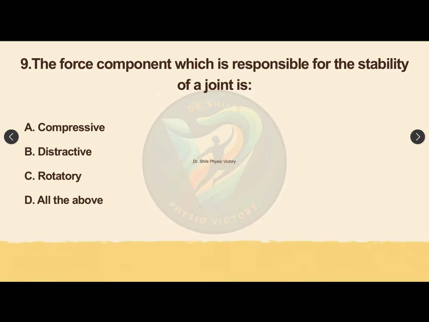The force component which is responsible for the stability of a joint is: option A, compressive force; option B, destructive force; option C, rotatory force; and option D, all of the above. Here the clear answer is option A, compressive force, which stabilizes the joint.